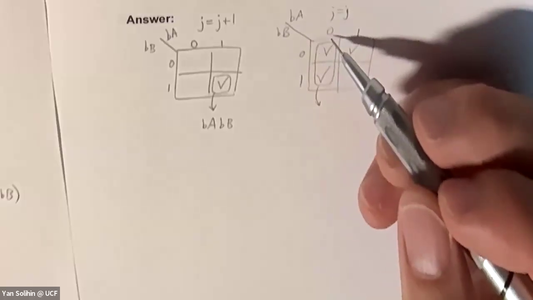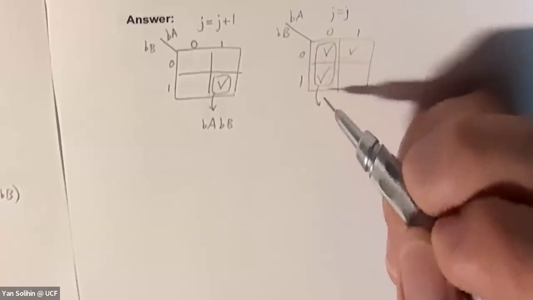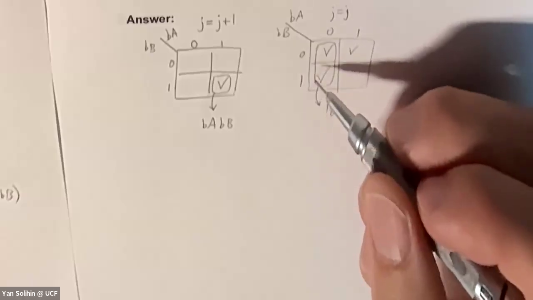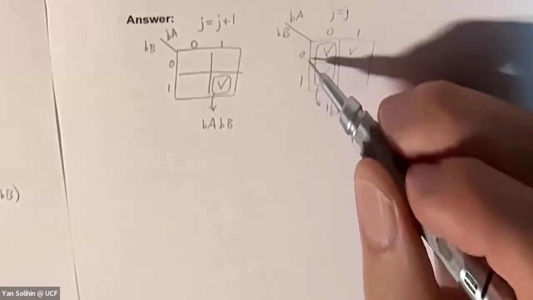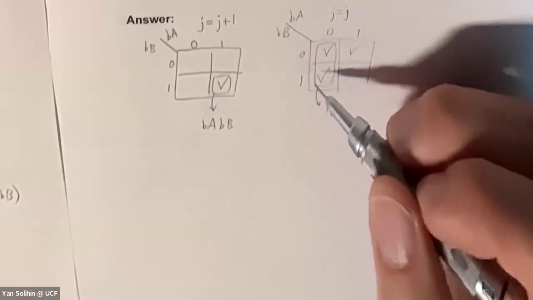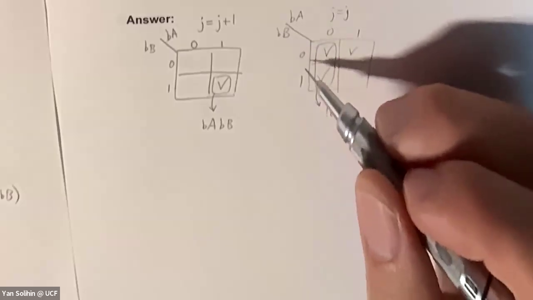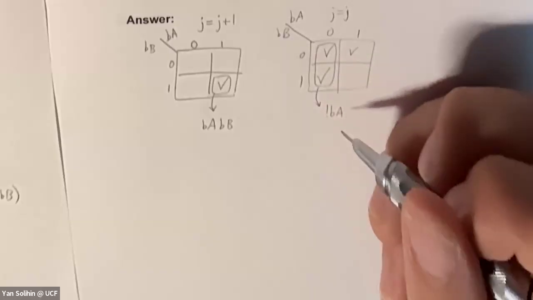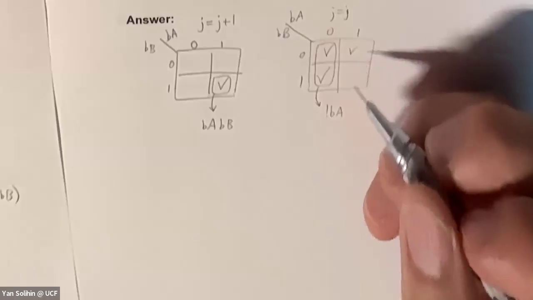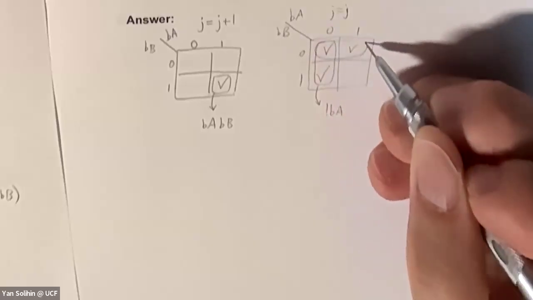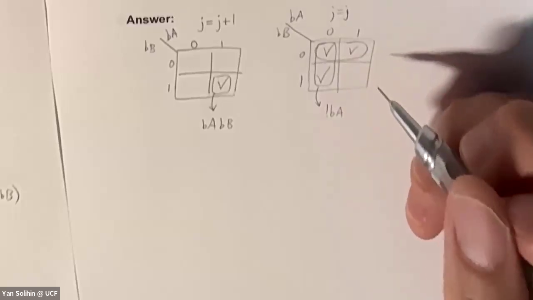The value of BA is always 0 for these two cells, so it will be not BA. And the value of BB doesn't matter, 0 or 1, we cover it in this rectangle.